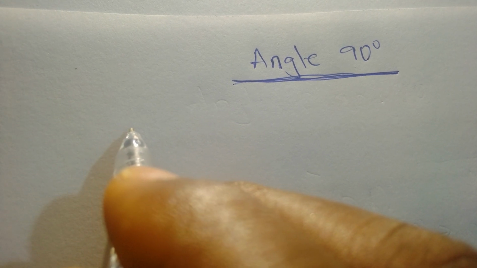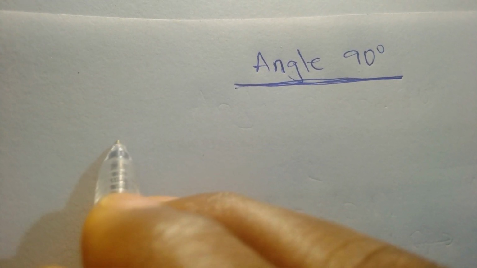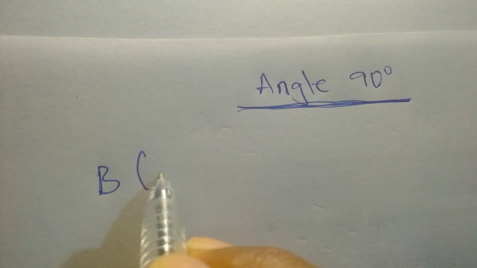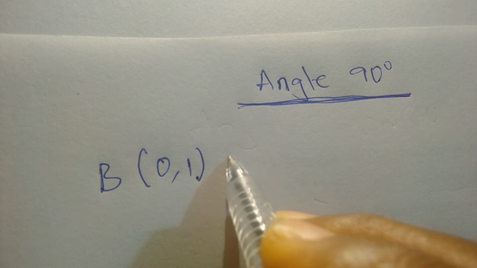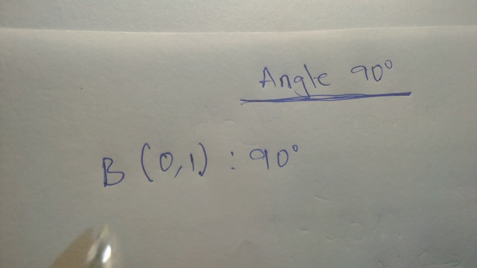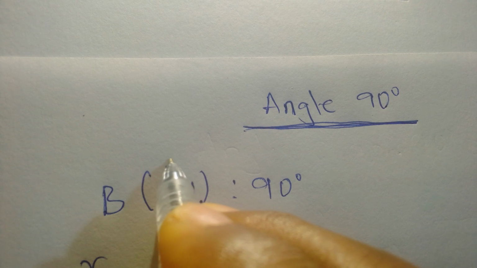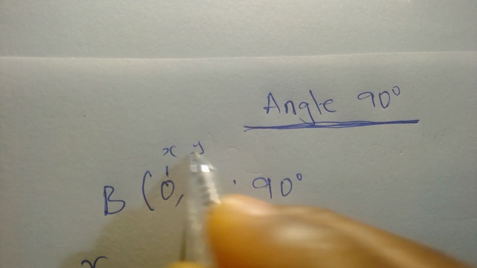We started with the Cartesian coordinate system where we have 0 degrees, and 90 degrees named as B. So from there we have our B to be (0, 1), which is 90 degrees.